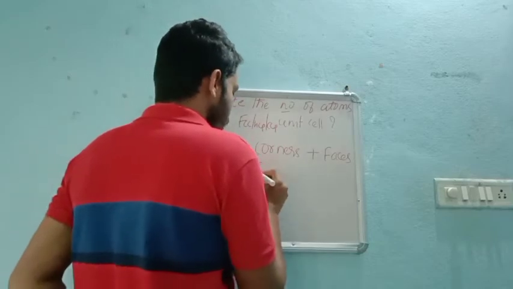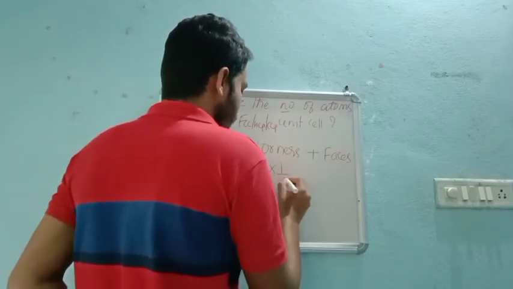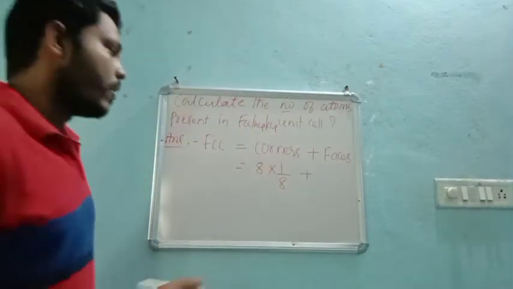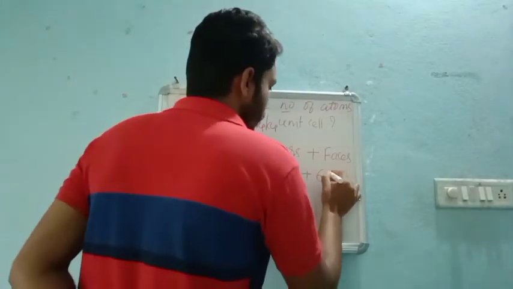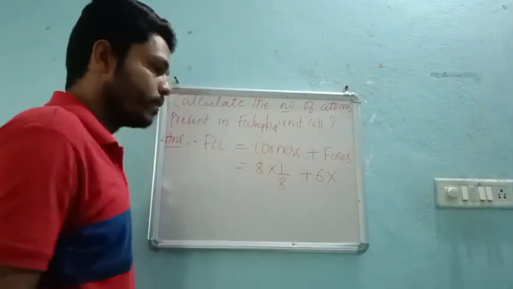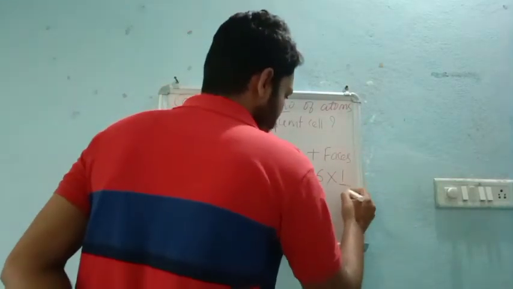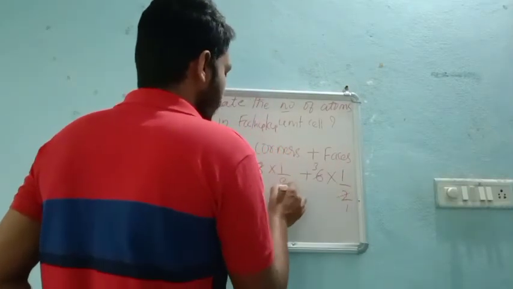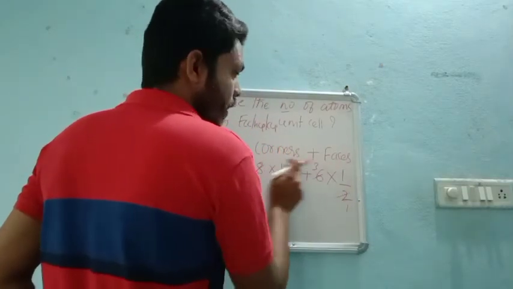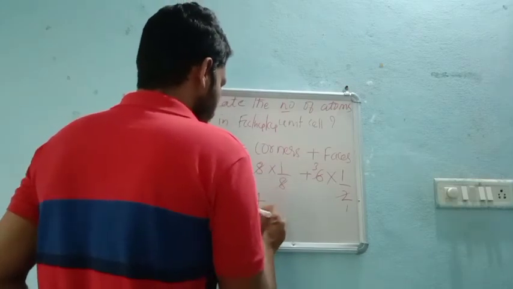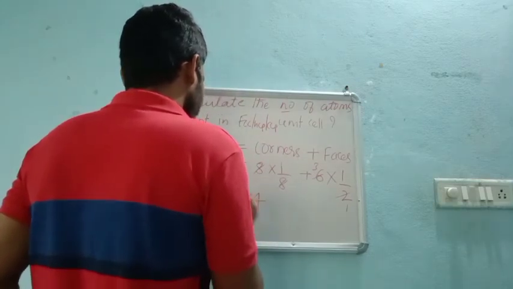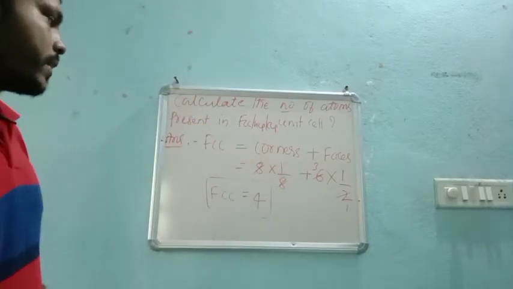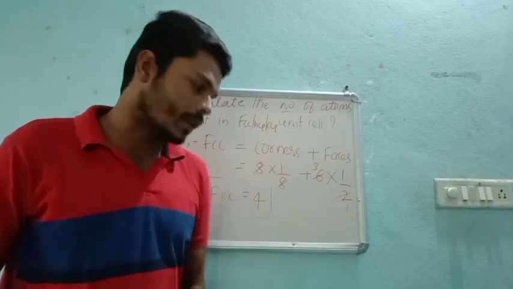Again 8 corners, whose contribution will be 1 by 8, plus what about faces? How many faces? 6 faces, and their contribution will be 1 by 2. 2 ones are 2, 2 threes are 6, 8 again gets cancelled. 1 plus 3 is 4. In FCC, how many atoms? There are 4 atoms.